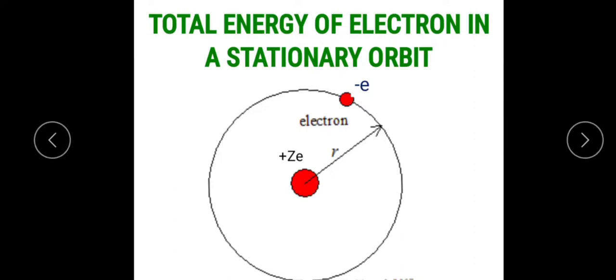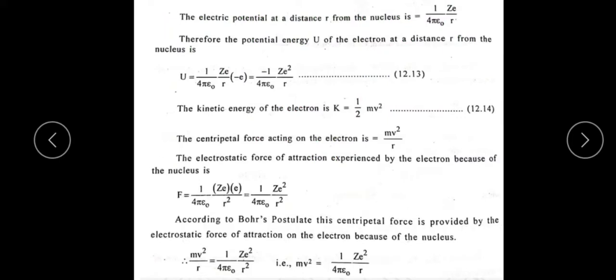The total energy of the electron is, we know the general formula, the sum of its potential energy and kinetic energy. The electric potential, we learned from the second chapter, the electrostatic potential formula is 1 by 4 pi epsilon naught q divided by r, that is the electric potential due to a point charge.